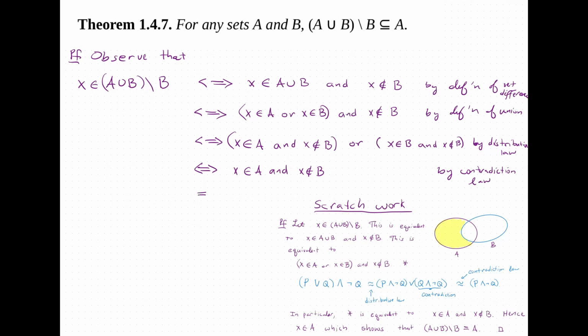which then implies that X is in A. This is a true statement. Or, if we prefer, we can just finish it off here and then say, consequently, X is in A, which shows that we have the desired inclusion.